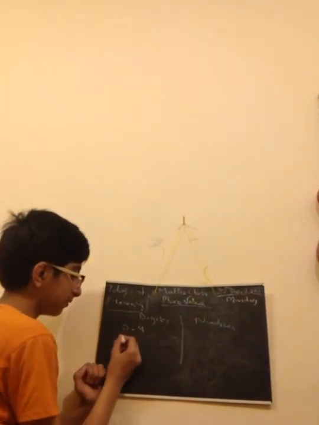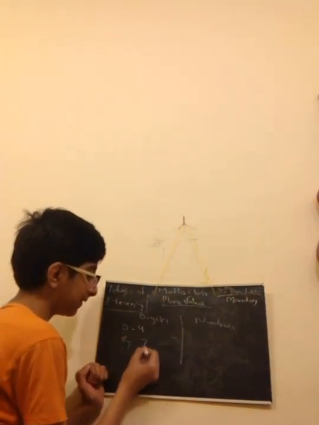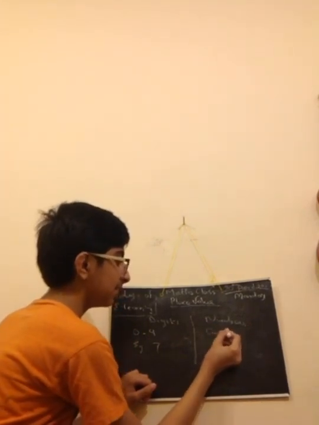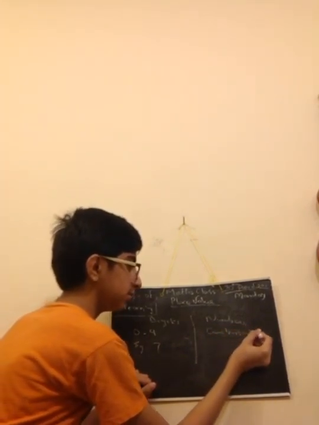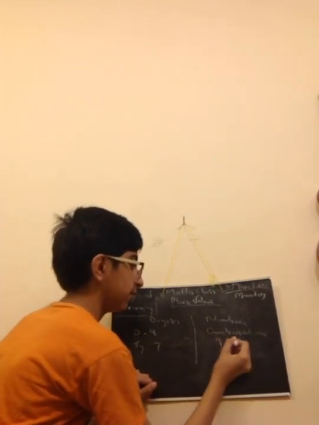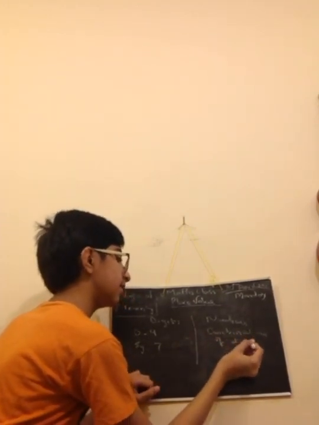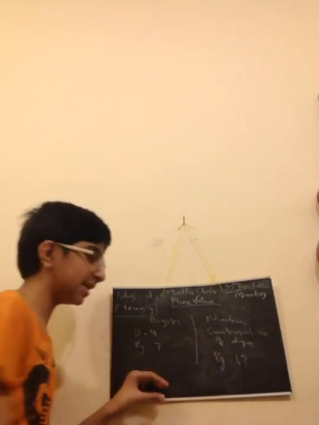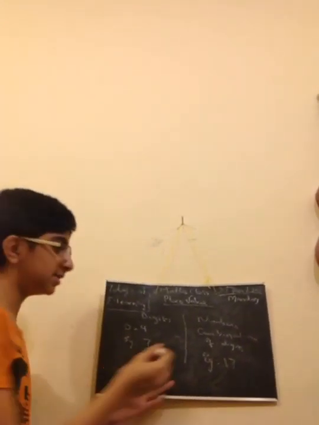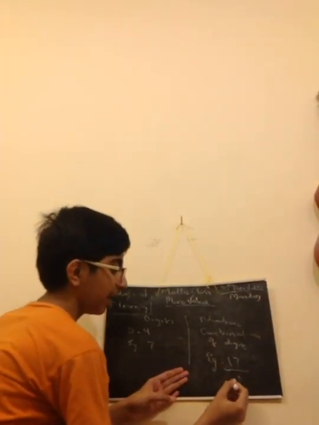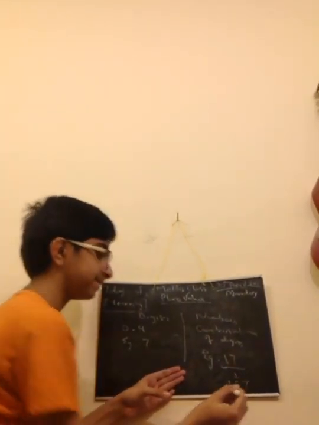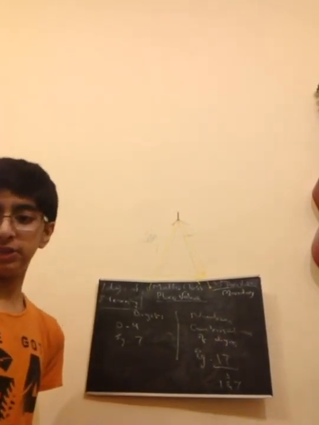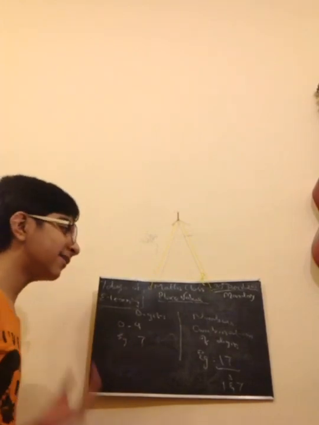An example of a digit may be 7. Now, an example of a number may include 17, which uses the digits 1 and 7. So, now you may know what digits and numbers are and their difference.